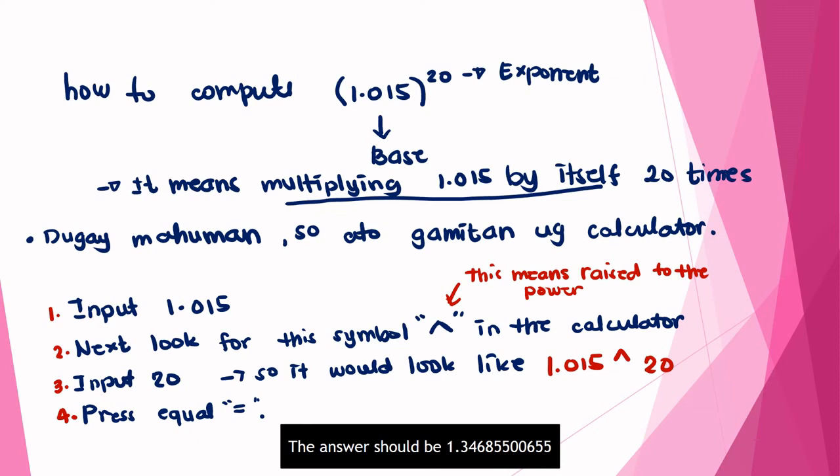After that, type the exponent, which is 20. On your calculator it would look like 1.015, arrow up, 20. Then you press equal. The answer should be 1.346855000655.